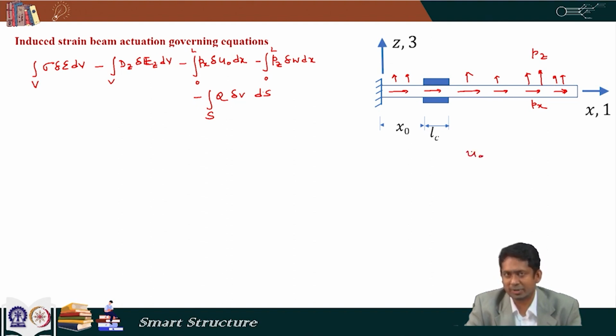So u0 is pure axial displacement at the mid of the beam, and w is vertical displacement.